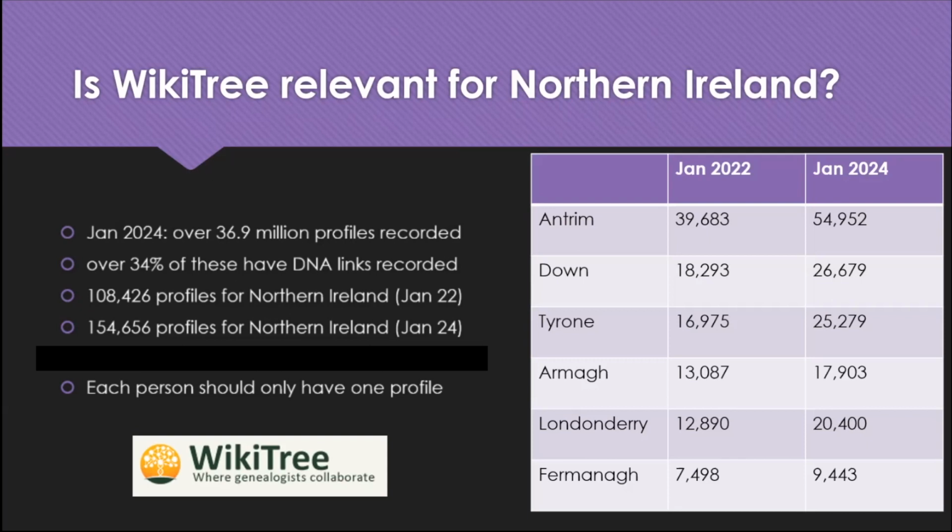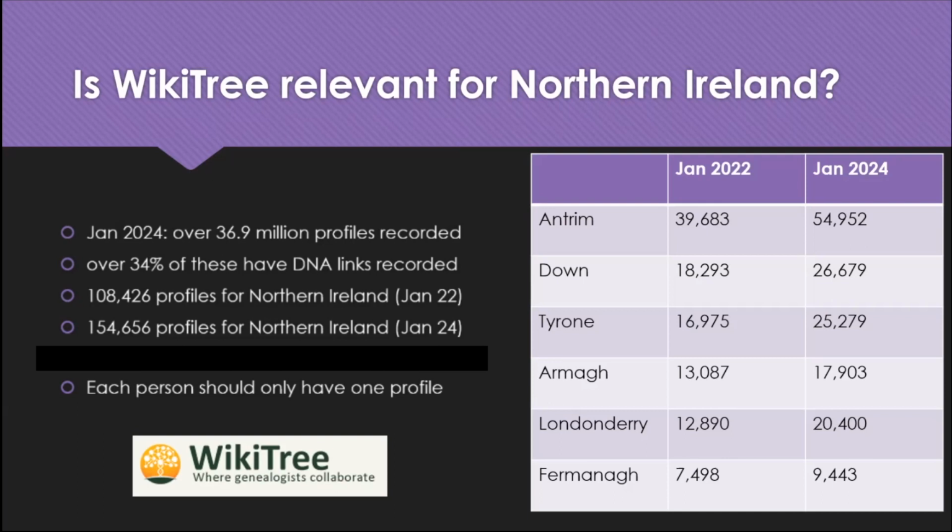Now, just in case you haven't used WikiTree before, WikiTree is a one profile per person site. It's a one world tree. And what that means is that if you accidentally record someone on WikiTree who already has a profile page, then eventually those 2 profile pages get merged. And there's only really supposed to be 1 profile page per individual who has lived.